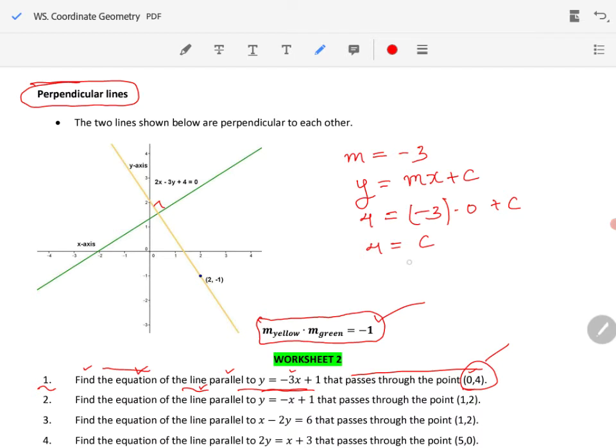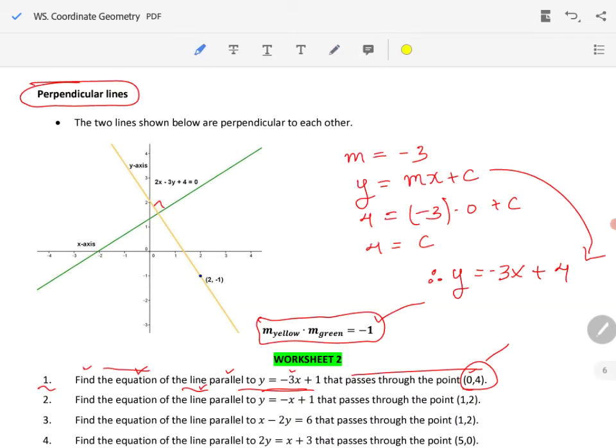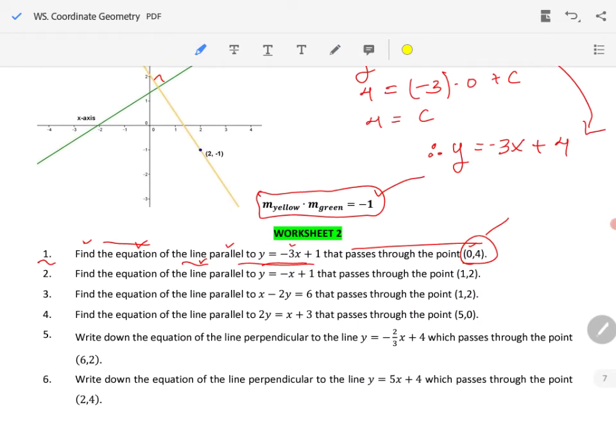So what is the equation? The equation is y equals -3x plus 4. Yeah, like this. Okay, this is number 1. I hope and I believe you can solve number 2.